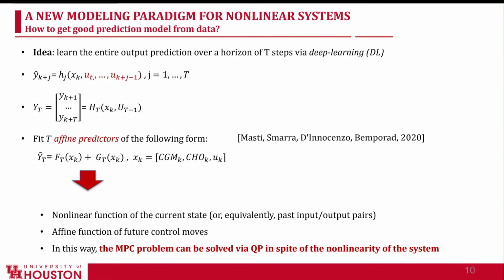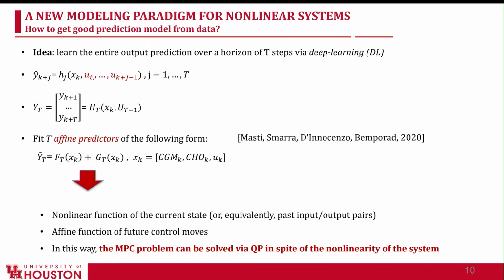So the idea is to get a good prediction model from data, okay, in a data-driven fashion. But instead of fitting a model, we're going to fit the entire output prediction, okay, via deep learning. So we are interested in finding a map, H, that is mapping the state and the future control input to a predicted output, Y hat, okay?